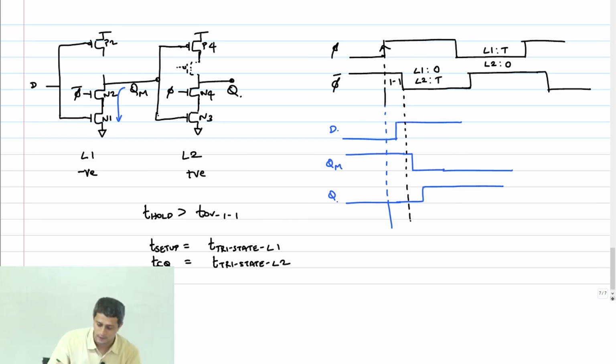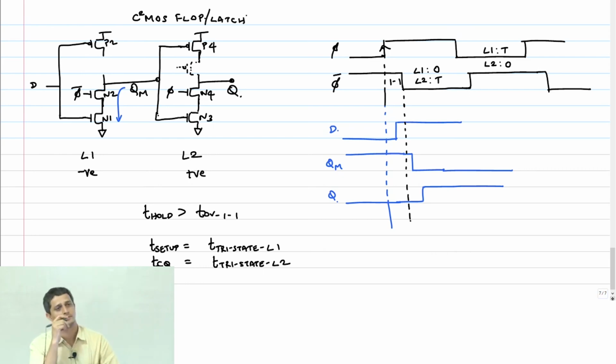This, by the way, is called a C2MOS flop, and each stage is basically a latch, a C2MOS latch. Essentially, this is insensitive to clock overlaps. What do I mean?